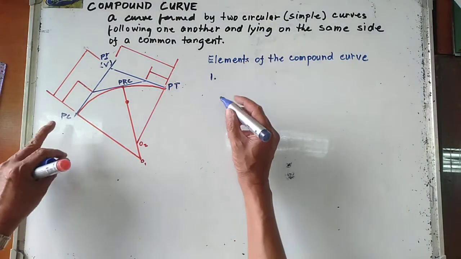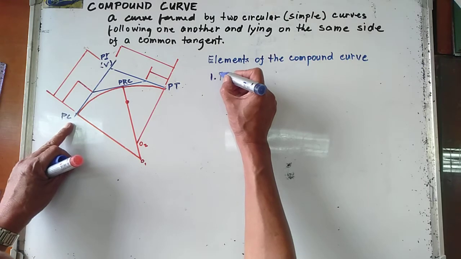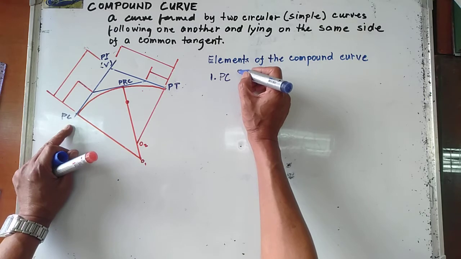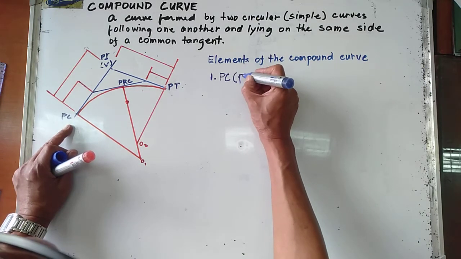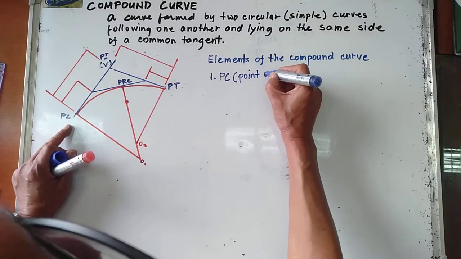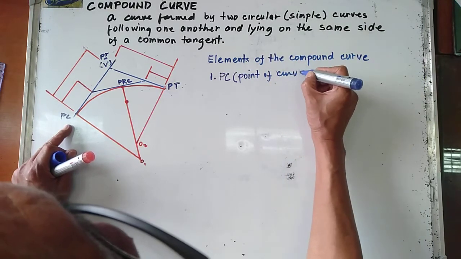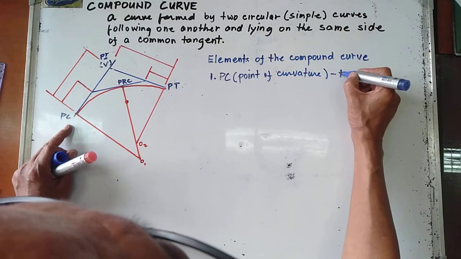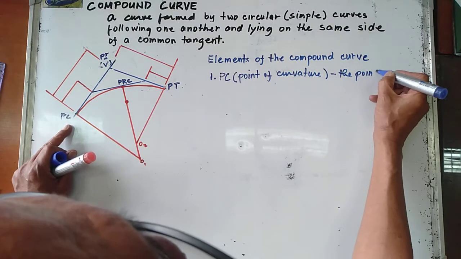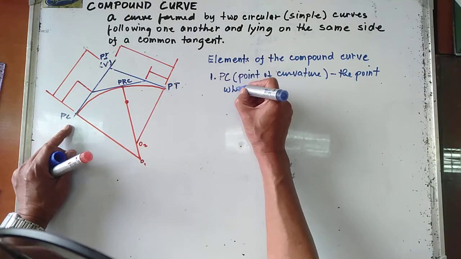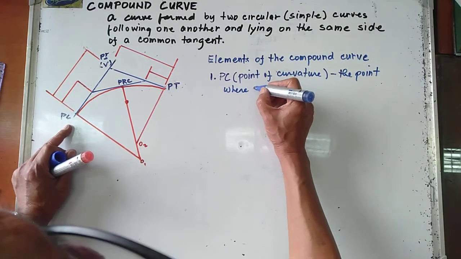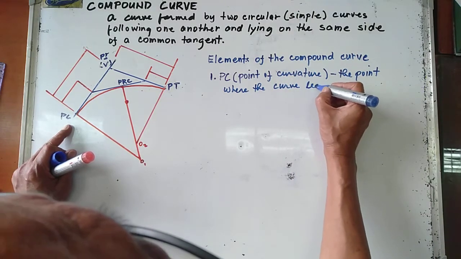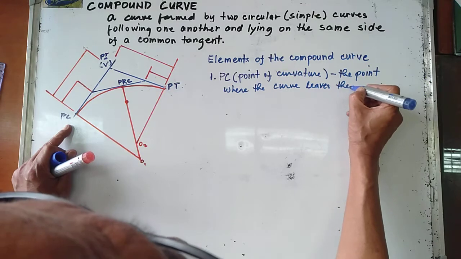Still, we have to start with PC. Your PC here is the point of curvature. This is the point where the compound curve leaves the tangent.